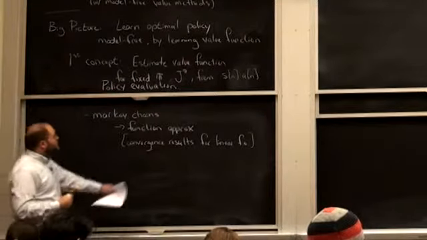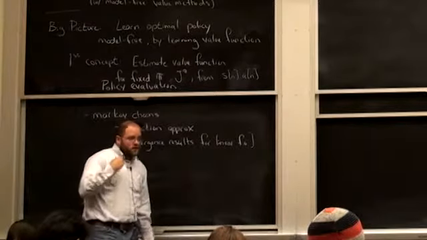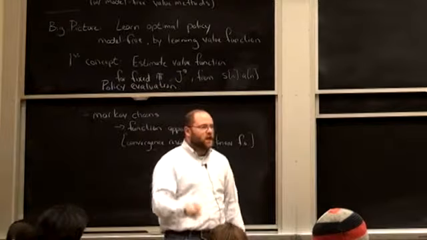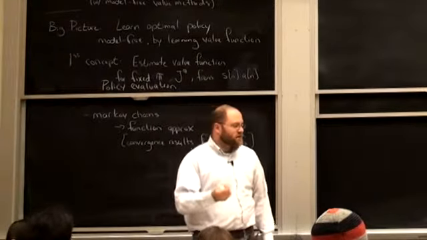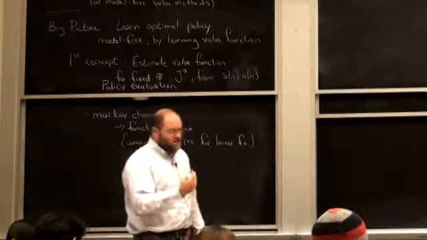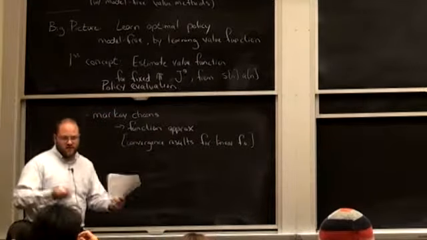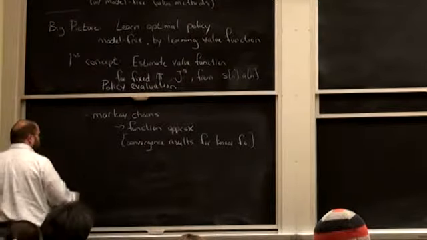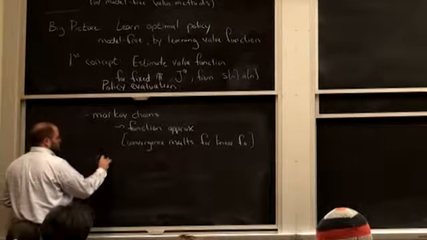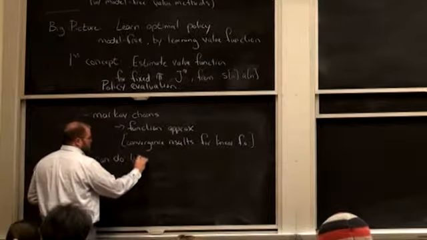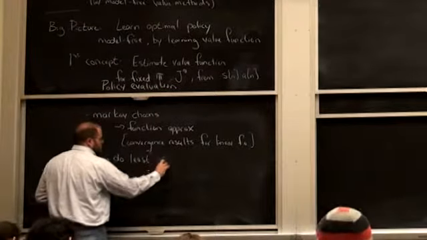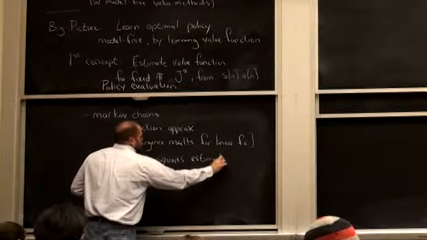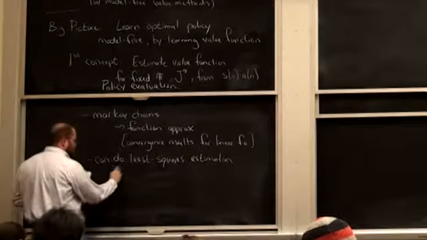If you think about it, learning J pi shouldn't involve any new machinery. If I'm just experiencing cost and states and trying to learn a function of cost to go given states, I should just be able to do least squares function approximation. It's just a standard function approximation task, what we call the Monte Carlo error.